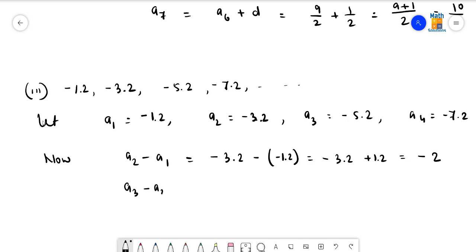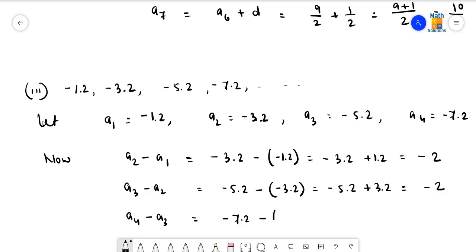Similarly, A3 minus A2 is minus 5.2 minus of minus 3.2, that is minus 5.2 plus 3.2, answer comes as minus 2. Similarly, A4 minus A3 is minus 7.2 minus of minus 5.2, the result comes as minus 7.2 plus 5.2, it is minus 2.